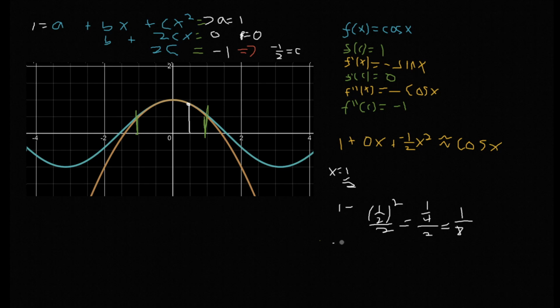And then 1 minus 1/8 is 7/8. So the estimation using our Taylor series up to 3 terms, and we have not gone very far, is 7/8.